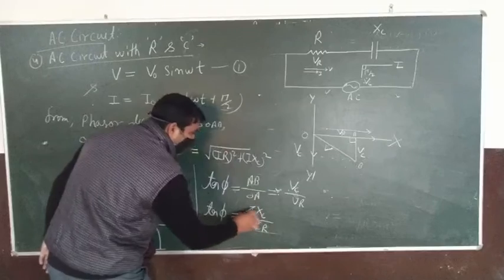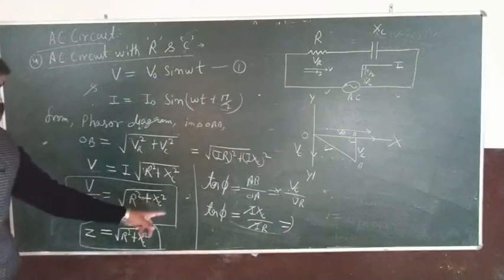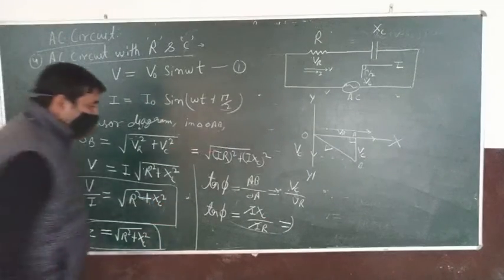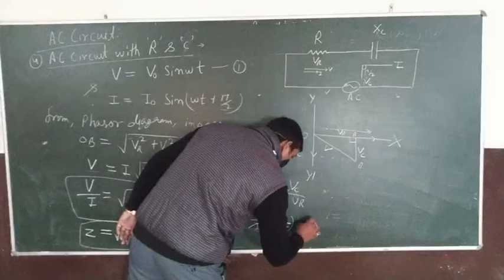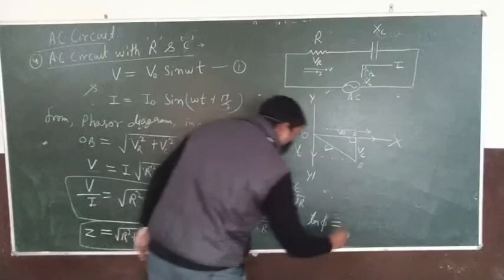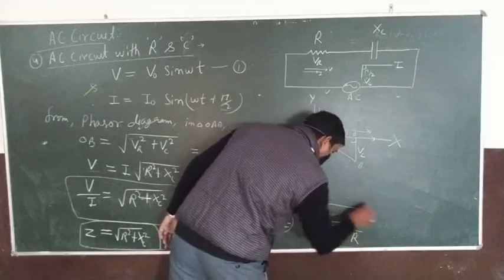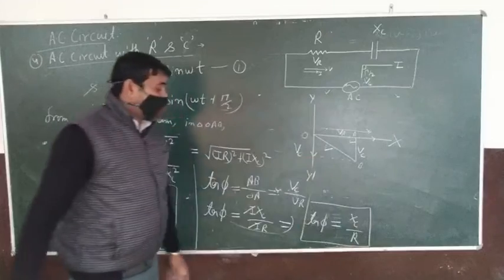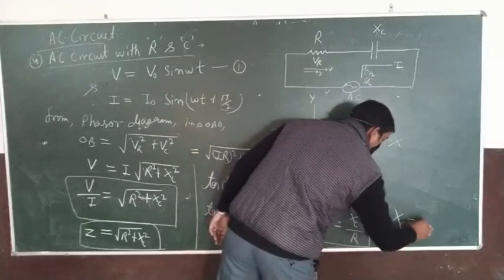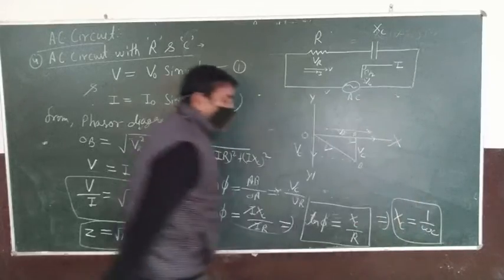Here I cancel and you will get the direction of the current leads by the resultant potential: tan phi is equal to XC upon R. Okay. Here XC is equal to 1 upon omega C. Note down this.